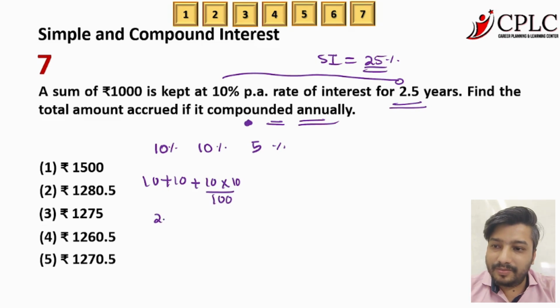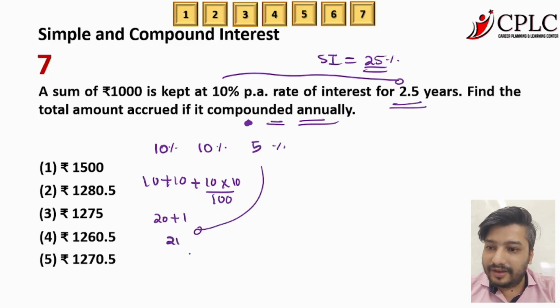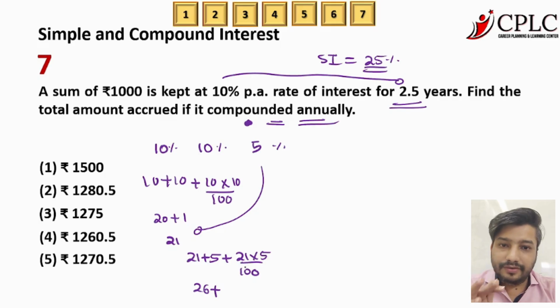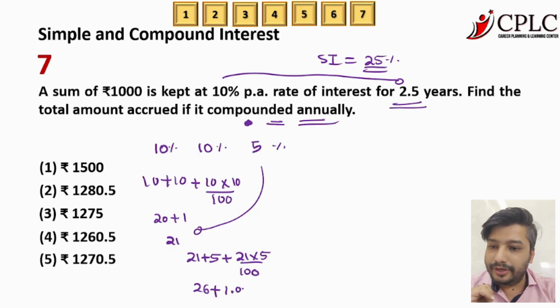So this is 20 plus 1, that is going to be 21, then 21 and 5 if we do the successive. So 21 plus 5 is 26, and 21 5s are 105. 105 divided by 100 is 1.05, which is going to be 27.05% rate of interest flat.